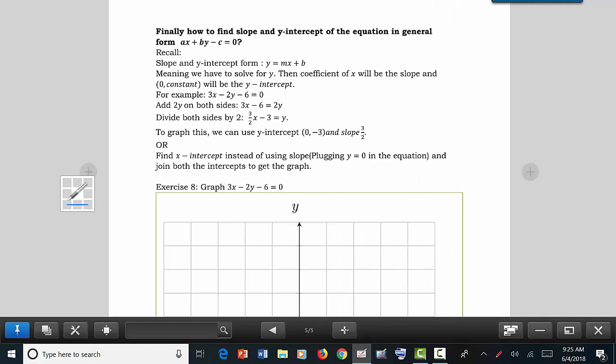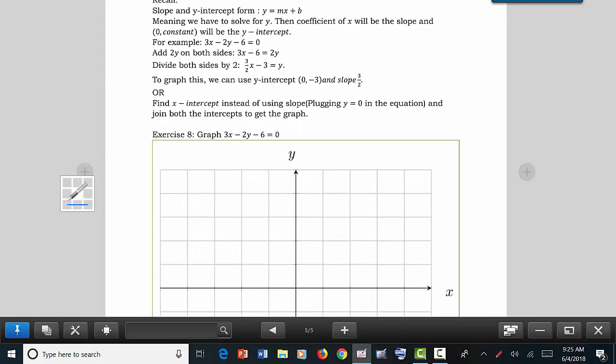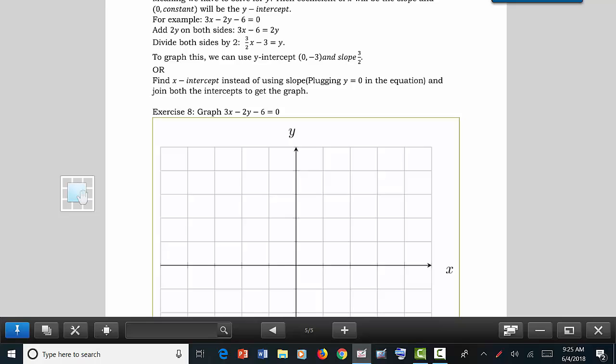Finally, if we don't have the equation in the standard form, meaning y equals mx plus b, how to find the slope and y-intercept. So let's go over problem number 8, exercise number 8. 3x minus 2y minus 6 equals 0. If you notice, y equals mx plus b. So technically we are solving for y. That means I want to isolate y.